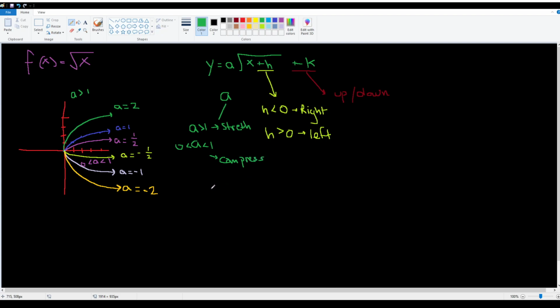And if a is negative, it gets flipped. And then the last thing I'll just write for you is k. If k is positive, meaning it's greater than 0, it'll go up. And if k is less than 0, it will go down.